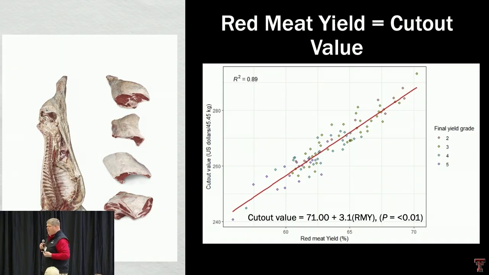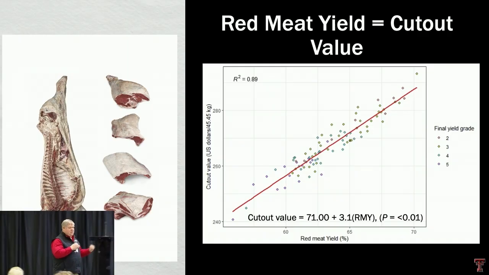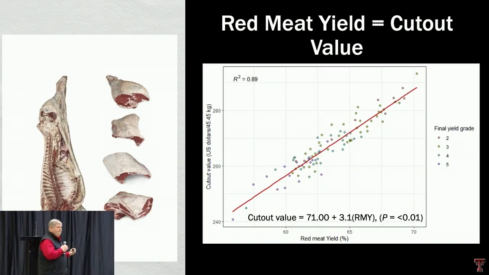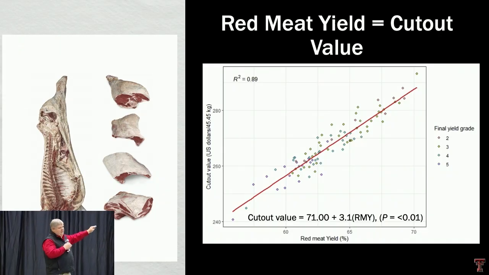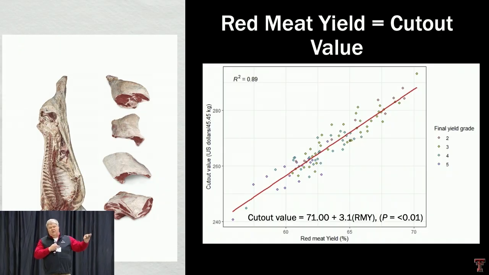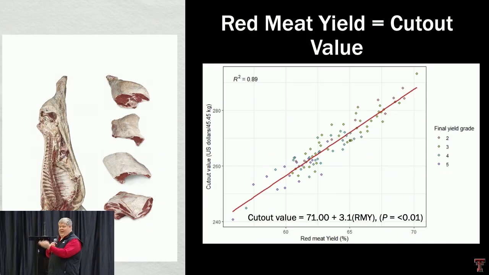And I see Brian's out here, other folks in here working on this group with NCBA, just trying to push this forward, okay? So the good news is if we can measure red meat yield accurately, we know that there's a really strong relationship between true red meat yield and true value.